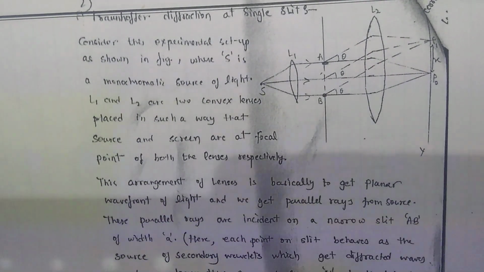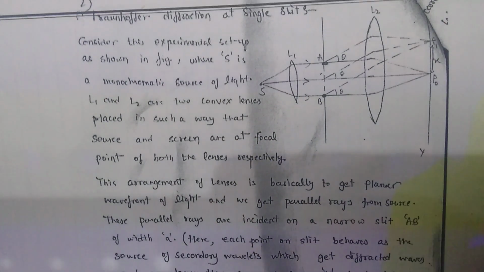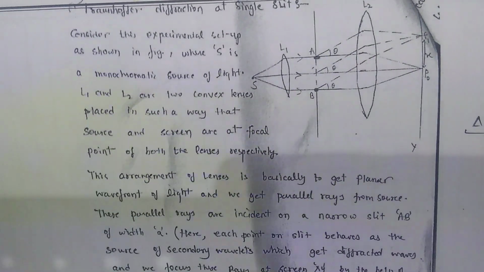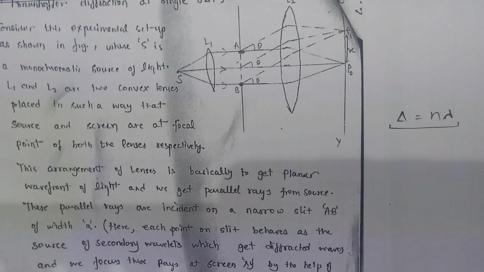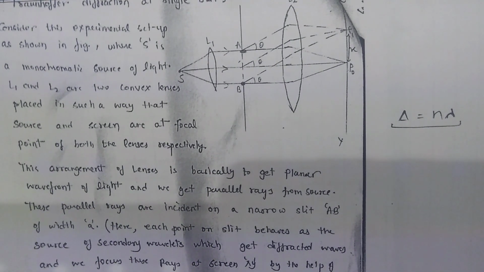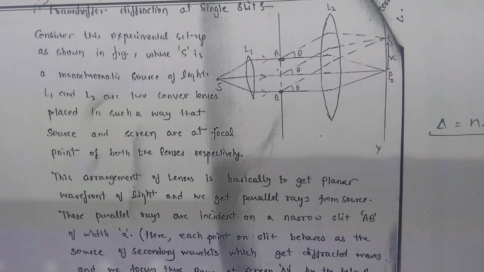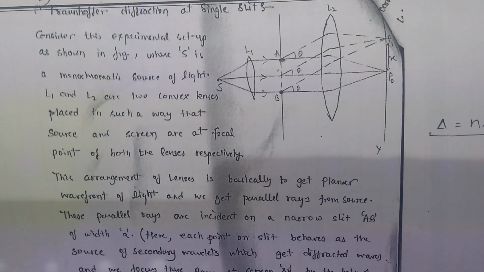Okay, when they superimpose, the condition is that the path difference between these secondary wavelet sources satisfies the minima condition. Whenever the path difference delta is n lambda, we get the minima condition here. For minima there must be destructive interference, or destructive superimposition, between these secondary wavelet sources.